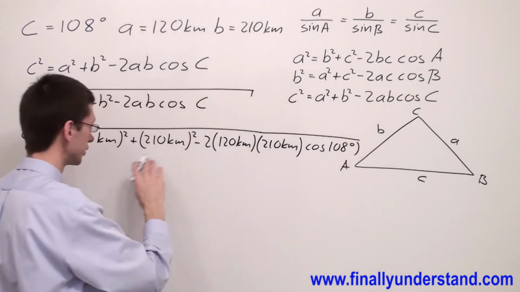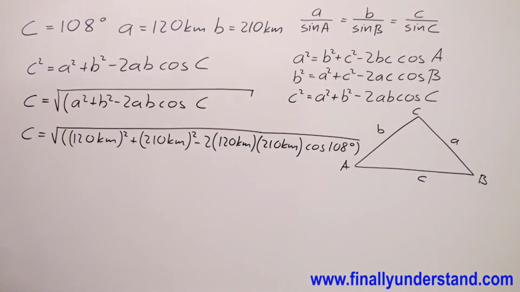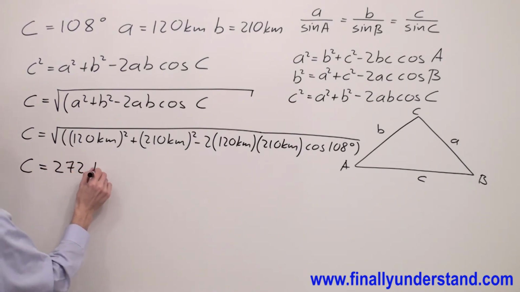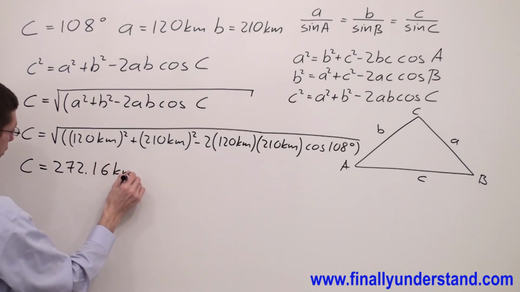Okay, plug everything into the calculator, and you're supposed to obtain the value of side C equal to 272.16 kilometers.